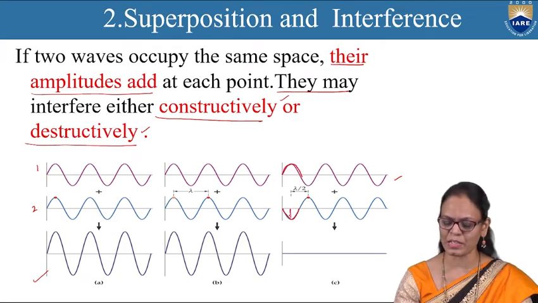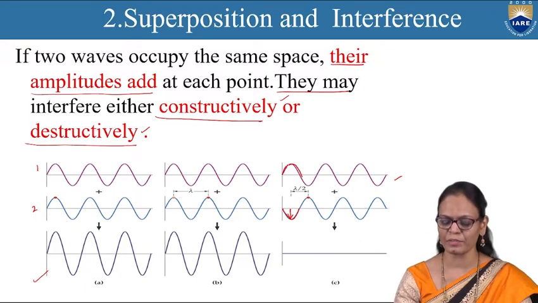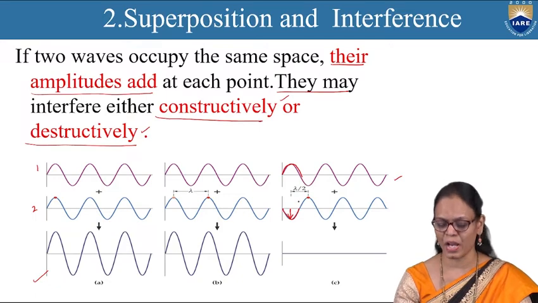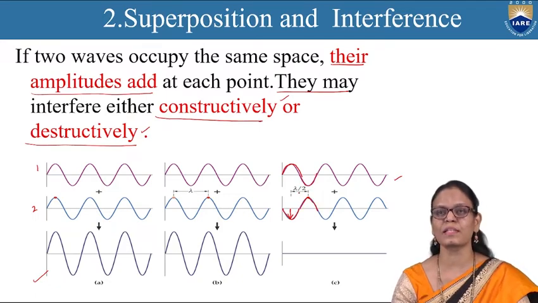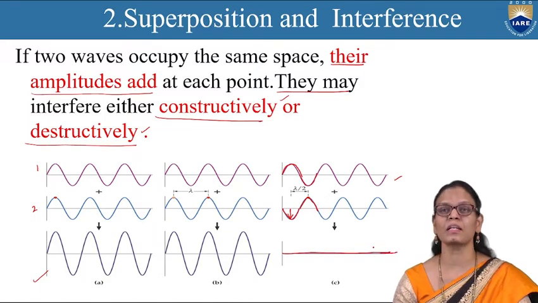Trough here means the maximum displacement in the downward direction. So here, this is a crest, this is a trough. So in this, the crest is overlapping with the trough and the trough overlaps with the crest. So then what happens? They cancel out and this is the resultant wave or a null wave. So what we see in destructive interference is the resultant is 0.